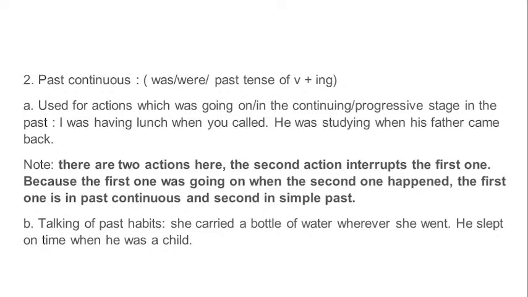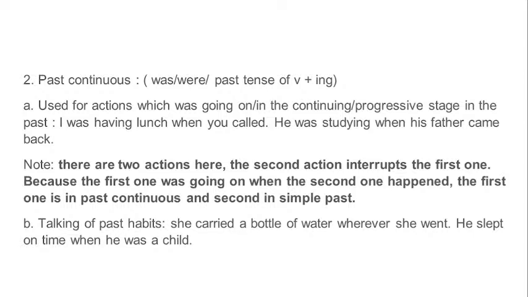In the second example, he was studying when his father came back. That means when his father came back, this action of studying was live, in a continuing condition. And see, in bold, I've written a very important thing: there are two actions here.